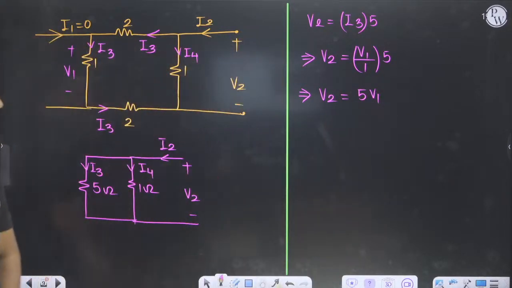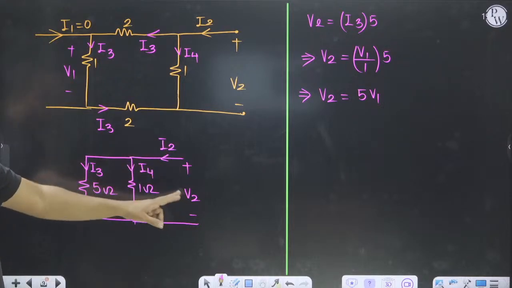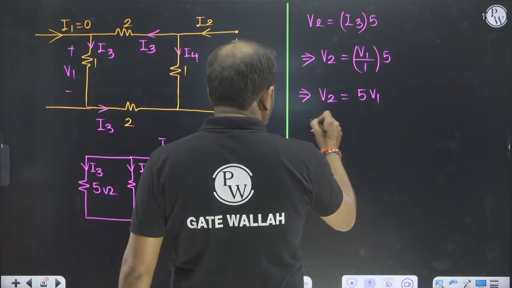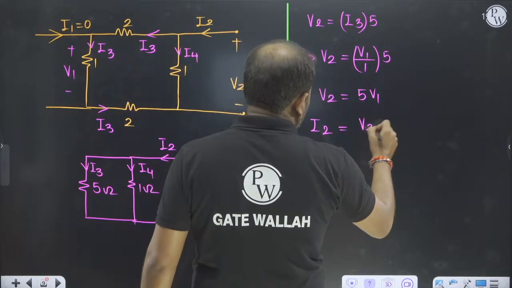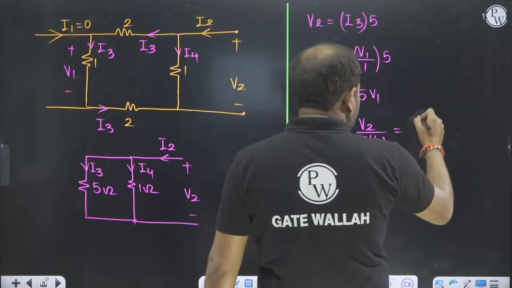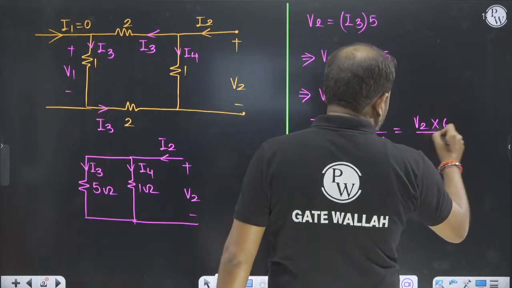And I can find I2 in terms of V2. I2 is equal to V2 by 5 parallel 1, so it is nothing but V2 into 6 divided by 5.